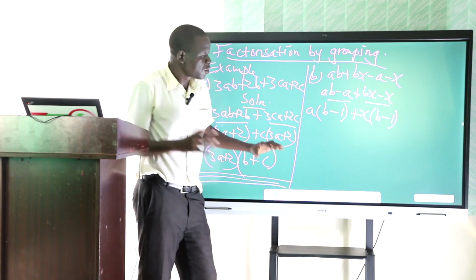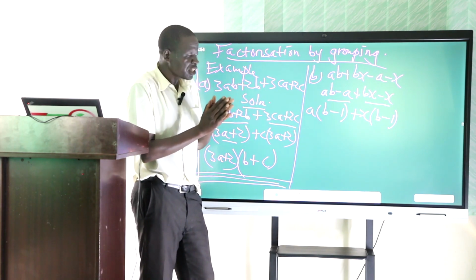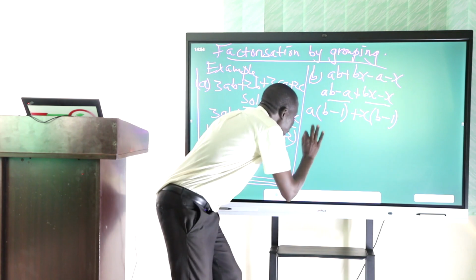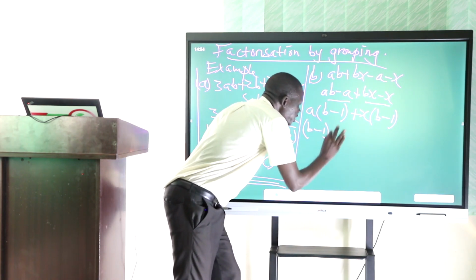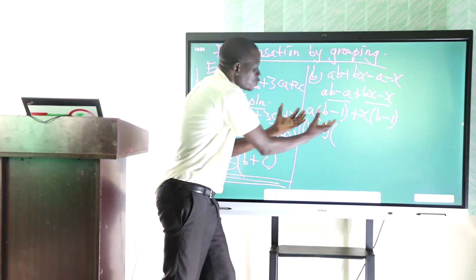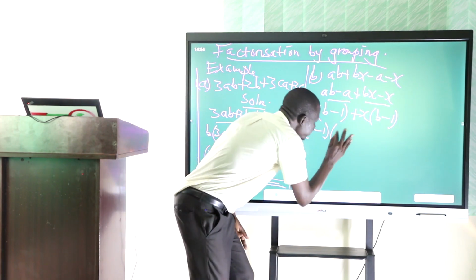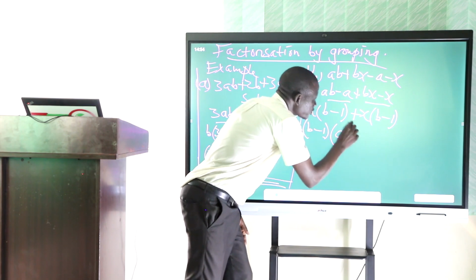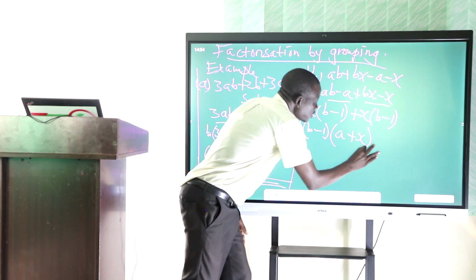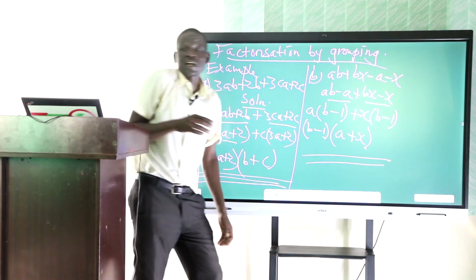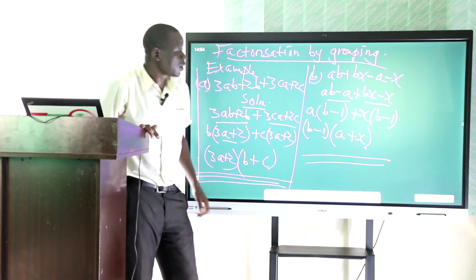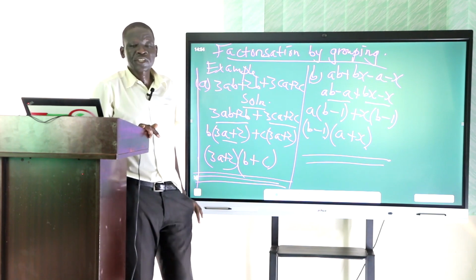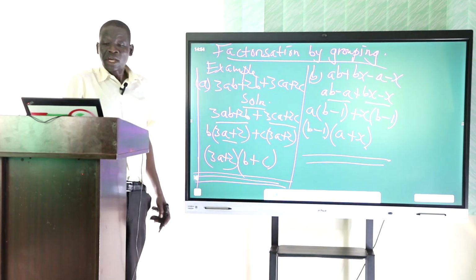Since they are the same, continue to factorize. We shall have B minus 1 common. Since they are common, pull it out. Here we are left with the A, plus, here we are left with the X. And then we close. This becomes the final answer. This is basically how we can factorize expressions by grouping.